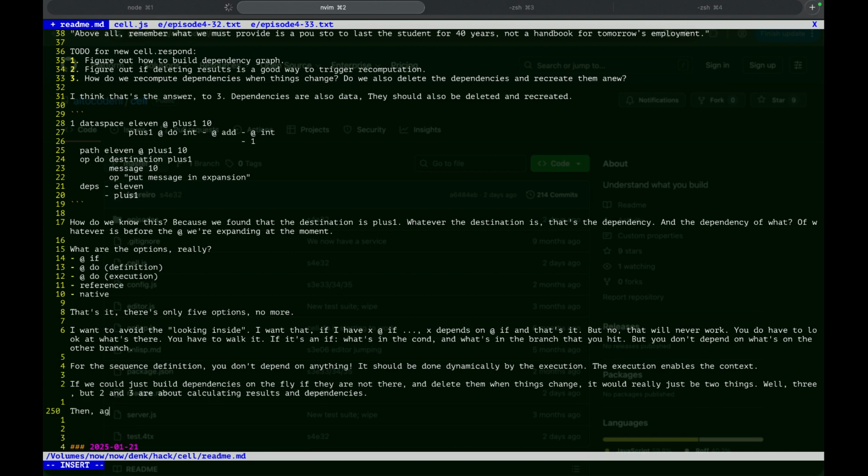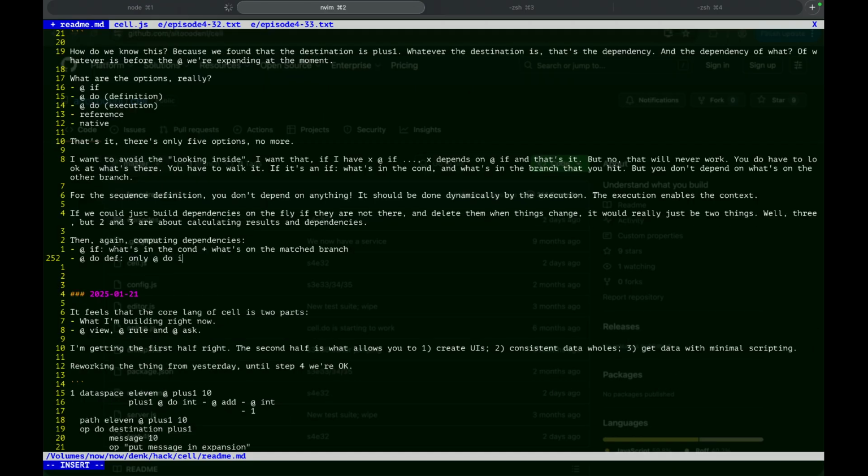Then again, if what's in the cont... what's on the matched branch, do definition, only do itself.